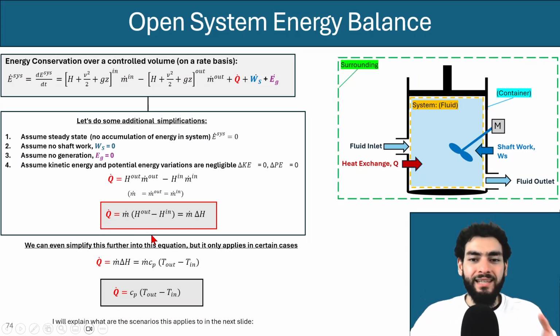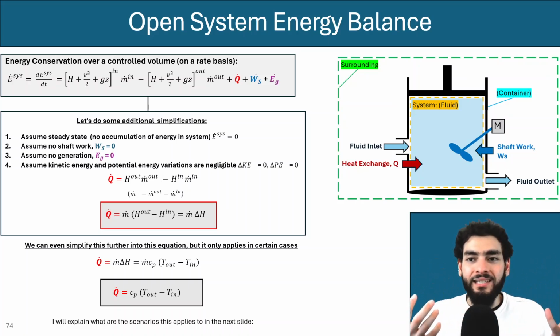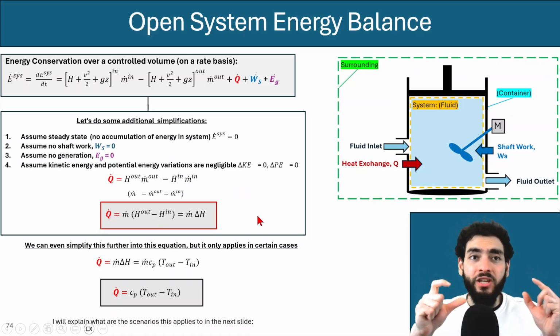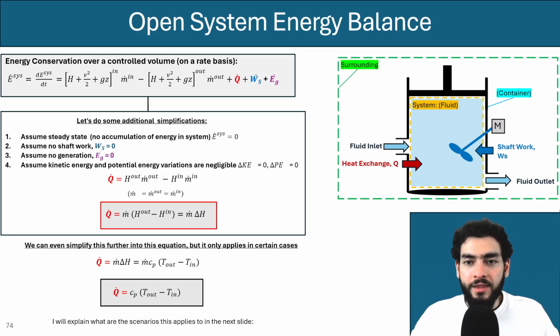And so what this equation is telling you is that the heat exchange between the system and the surroundings really is dependent only on the change in enthalpy of the fluid as it comes in and as it leaves. And you know what? If the change in enthalpy is zero, then there is no heat exchange. This is basically what this equation is telling you.